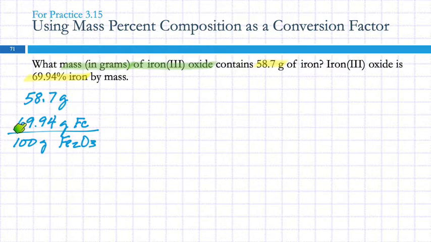So when choosing which one of these to start our path from, this is the one that cannot be used as a conversion factor, so we want to start with that guy. And then we're trying to get to, and that's grams of iron. We're trying to get to grams of the iron(III) oxide.